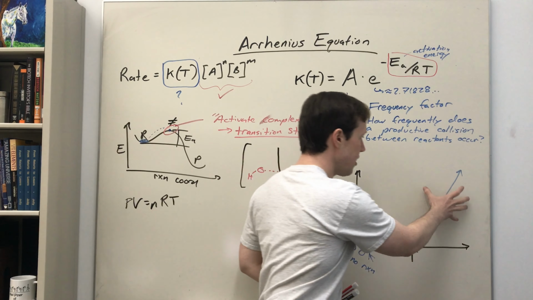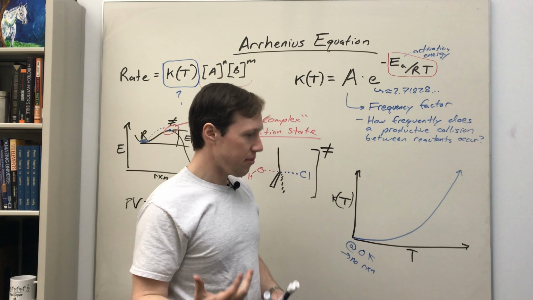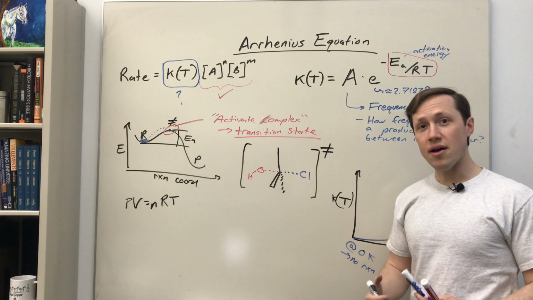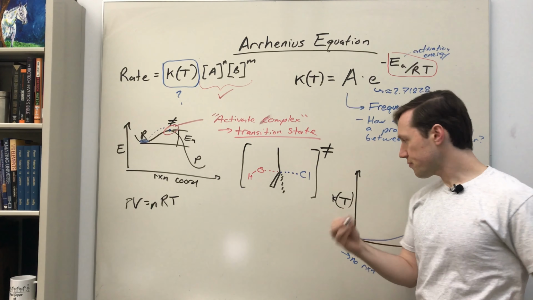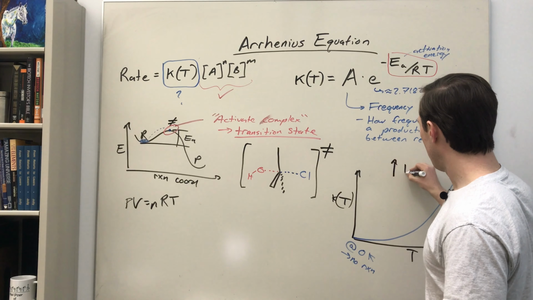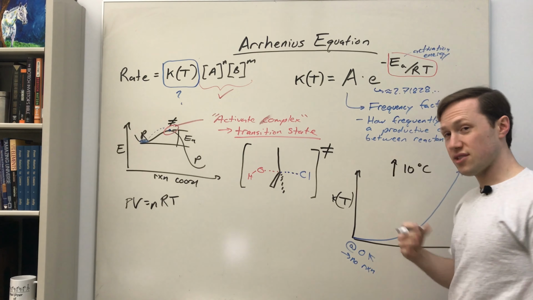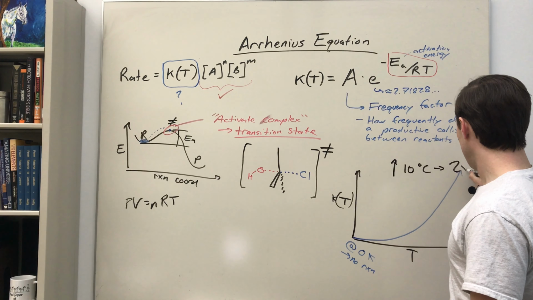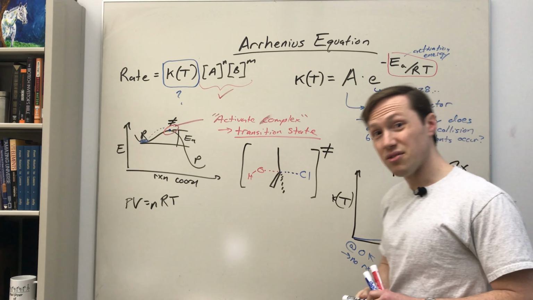That also means that as the temperature goes up, our reaction speeds up. A general rule of thumb that many organic chemists use is that for a lot of common reactions, going up by 10 degrees Celsius, the same as 10 Kelvin, will typically result in doubling the reaction rate.